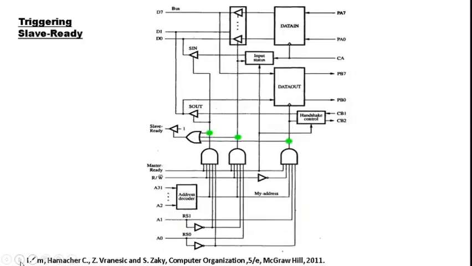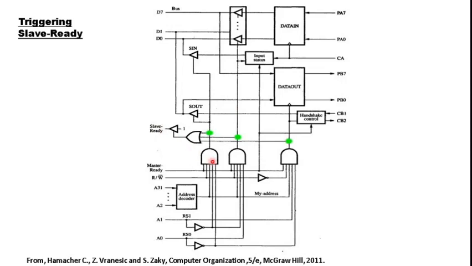The next remaining thing is the state of slave ready. How will slave ready be activated? Slave ready will be activated when this device is selected by the master and any operation is specified to this device. So if we observe triggering of any of these AND gates, which correspond to various operations across various regions of this interface, it means that slave ready should be triggered.